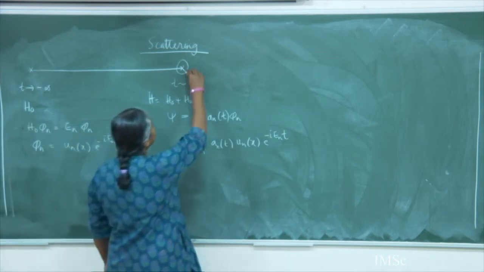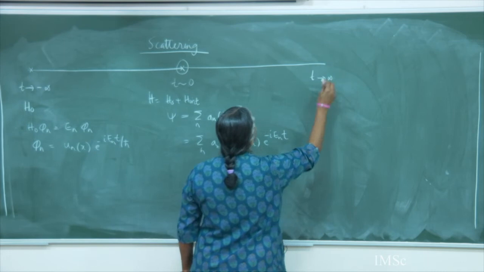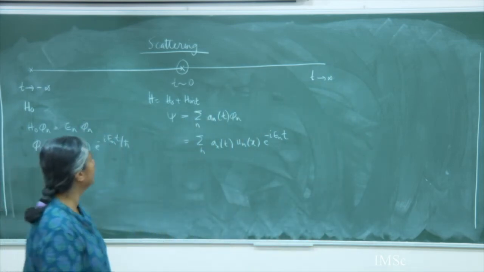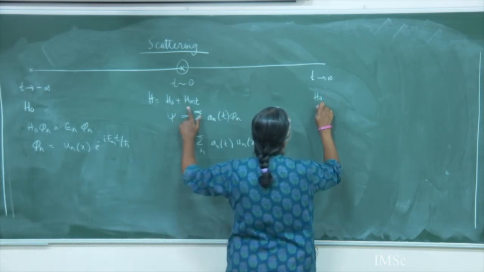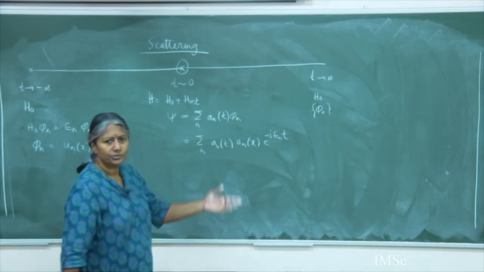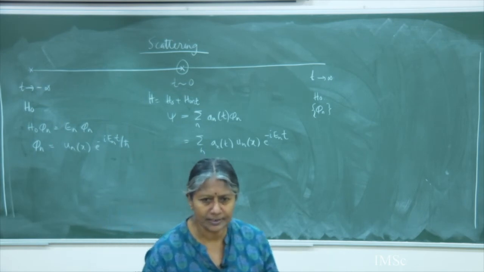Then what happens after the scattering? The detection of the scattered particles happens at t going to infinity, where H int is shut off and you have only H naught and a bunch of free particles. So you are going to find the scattering state as one of these phi n's. Is it clear?